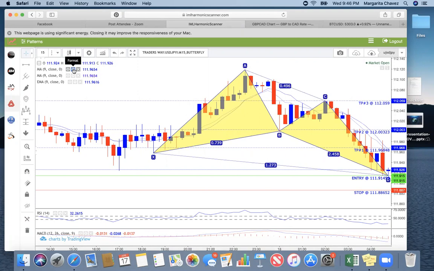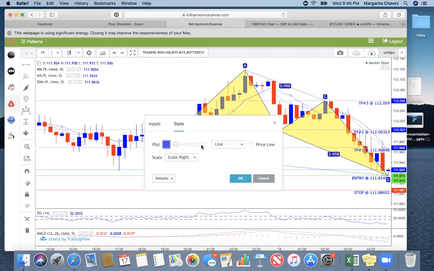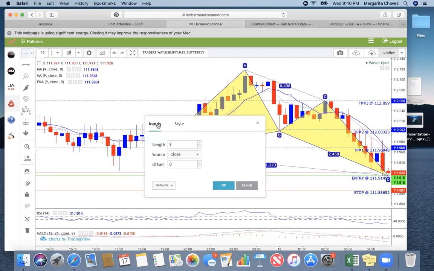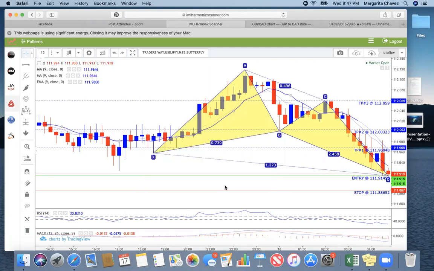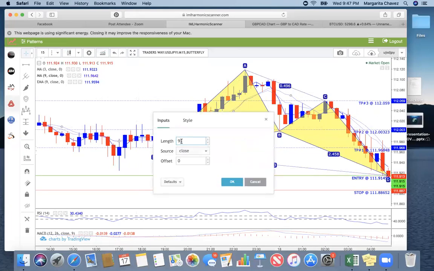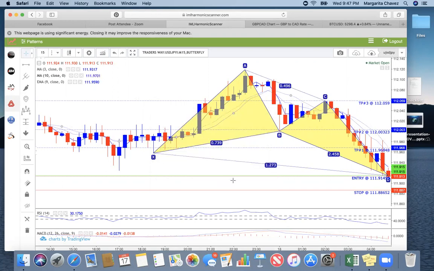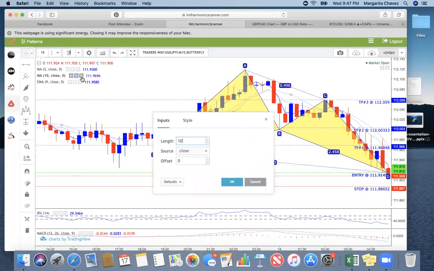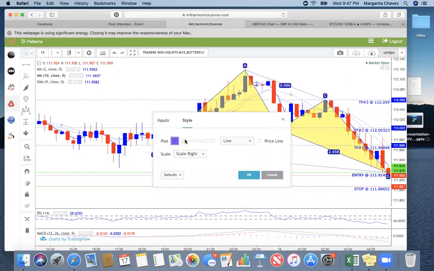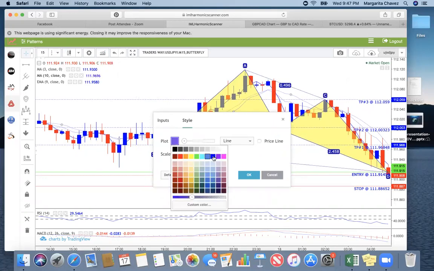Can somebody tell me what the first MA is? What number is it? 3. Thank you. I know the second one is 10. And the 10 is what color? The 10 is going to be red.